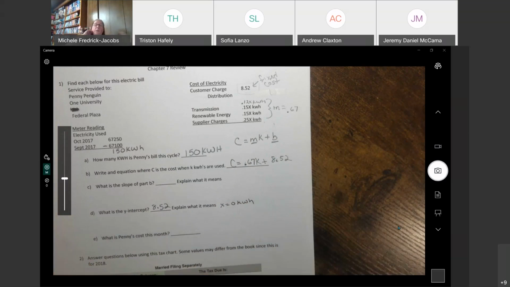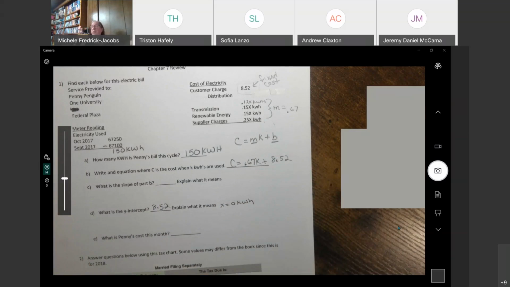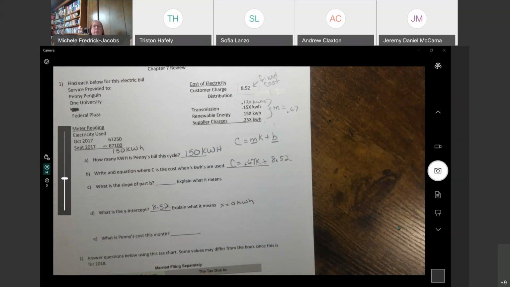So if you left the house, say you went to Florida for a month, and you had your electricity shut off so that you used no kilowatt hours, when you come home, you're still going to have a bill for $8.52. So even though you're not using it, there's monthly fees on there.